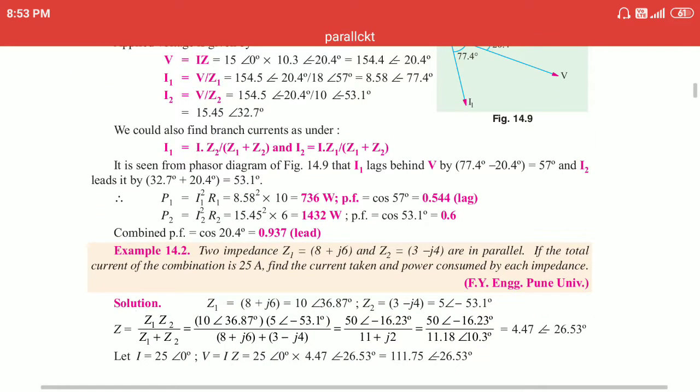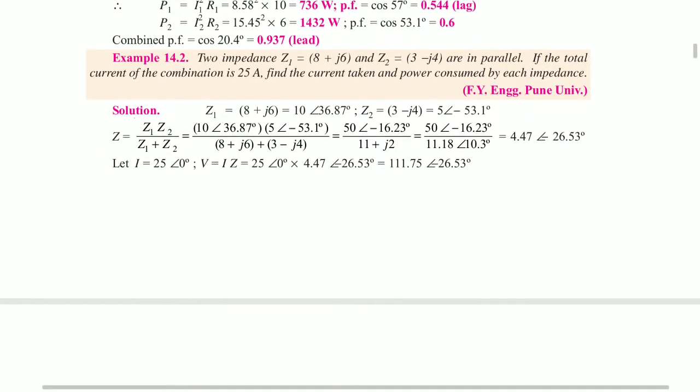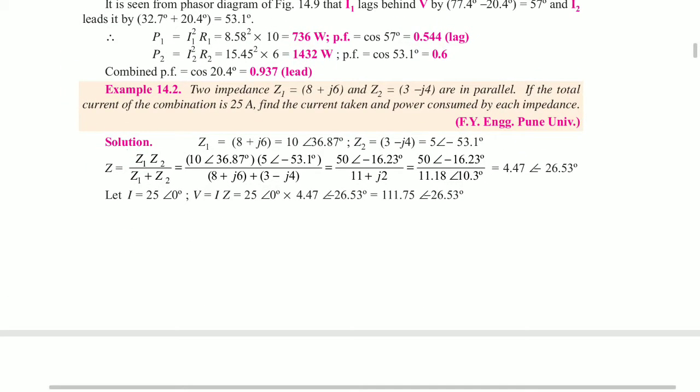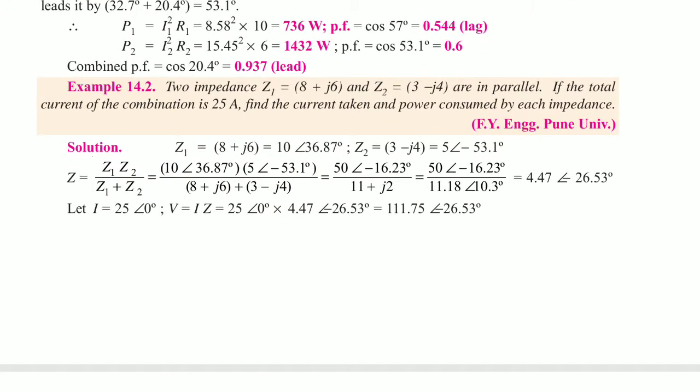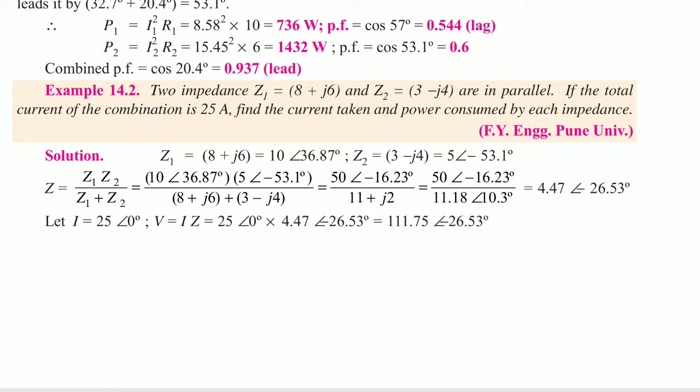So now go for another problem. Observe this one. Two impedances are given: Z1 is 8 plus j6 ohms, in rectangular form, and Z2 is equal to 3 minus j4.